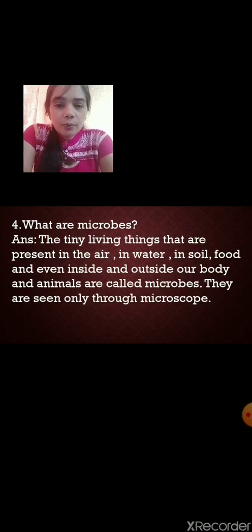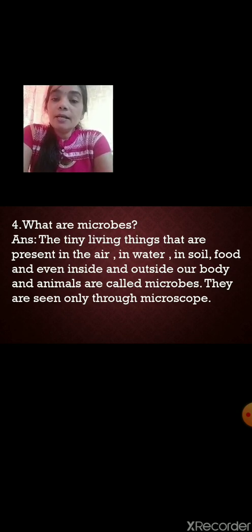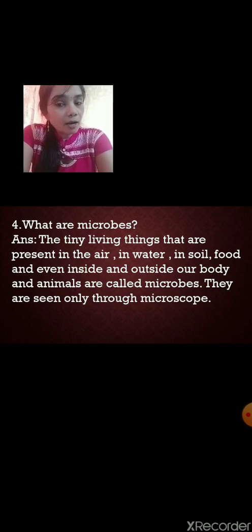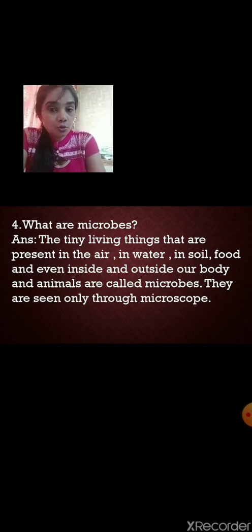Microbes are very tiny living things that are present in the air, water, soil, food, and even inside our body and outside our body and on animals. So these are called microbes. We cannot see them with our naked eye. We can see them only through the microscope.